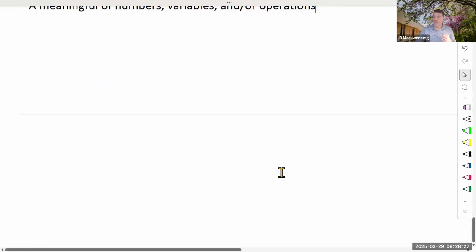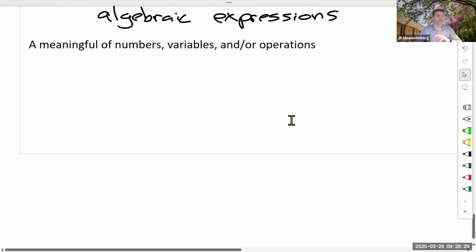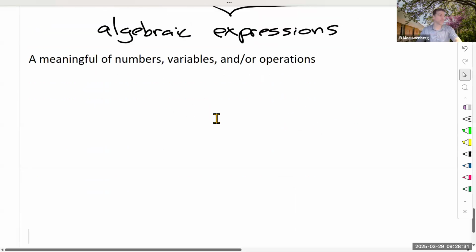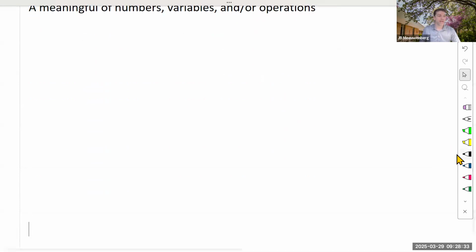Returning to that question from the Rhind papyrus that I'm going to keep referencing, we had that statement that said h plus 1/7 h is equal to 19.